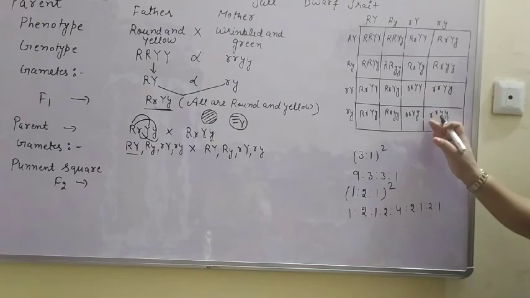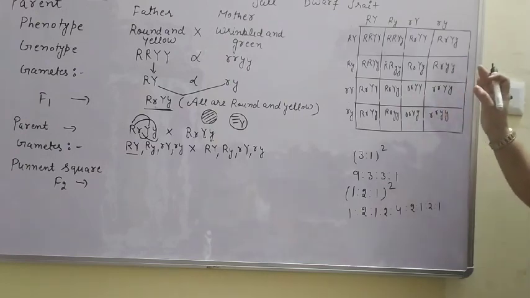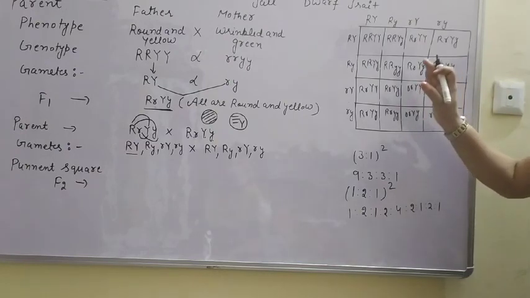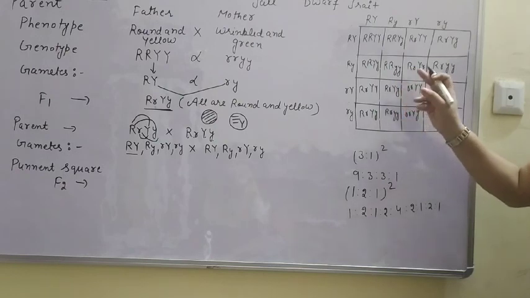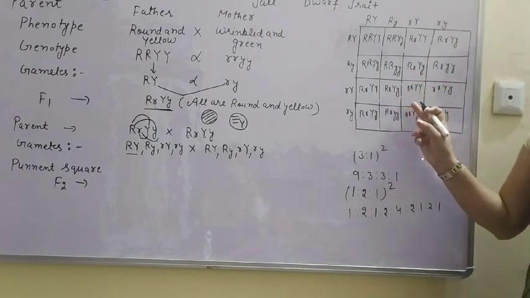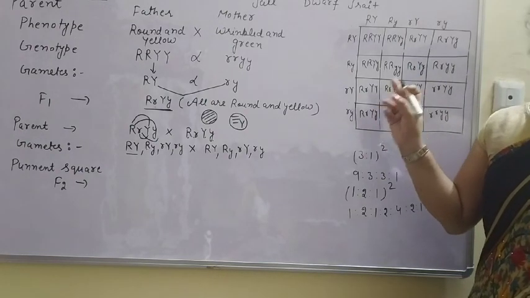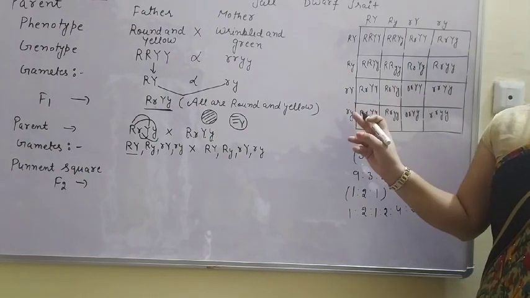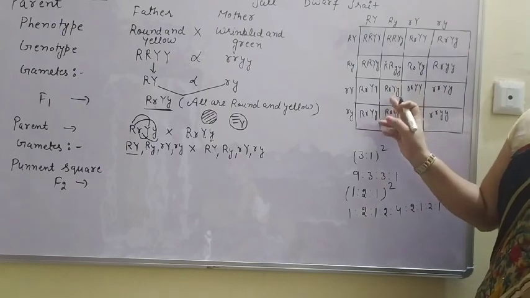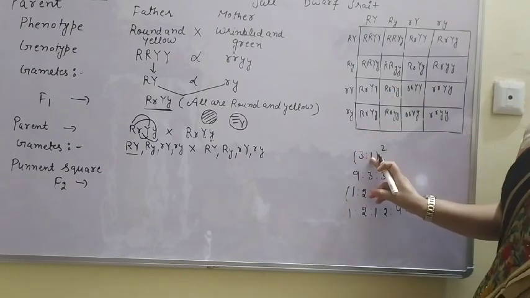And in this F2 generation, what will be the ratio? Try to understand this ratio. We have to remember one thing. What was the phenotypic ratio of the F2 generation of the monohybrid cross? That ratio was 3:1.